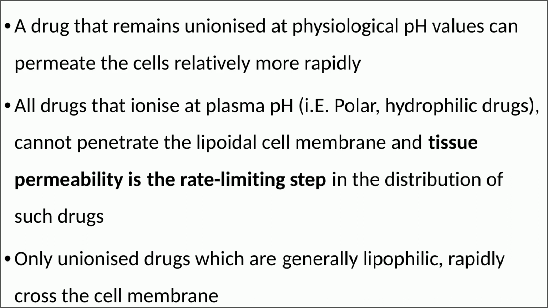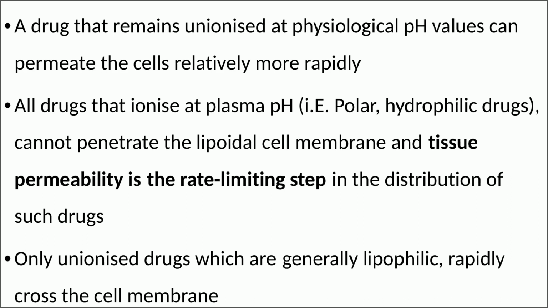All drugs that ionize at plasma pH, for example polar hydrophilic drugs, cannot penetrate the lipoidal cell membrane, and tissue permeability is the rate limiting step in the distribution of such drugs.